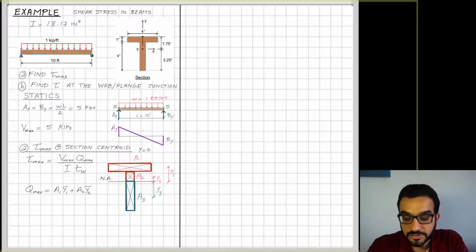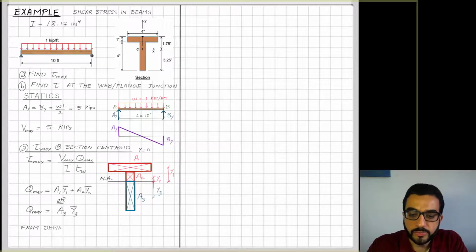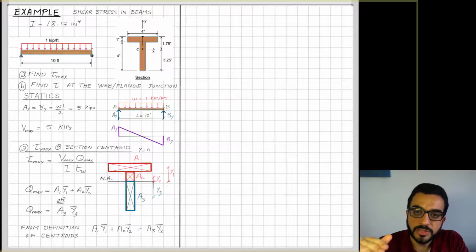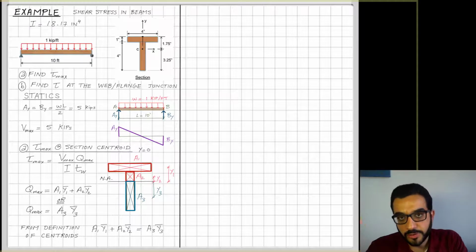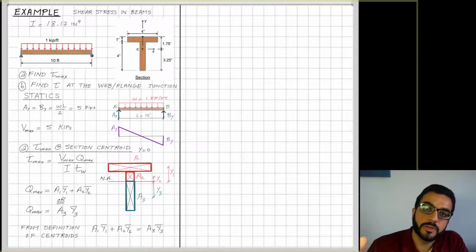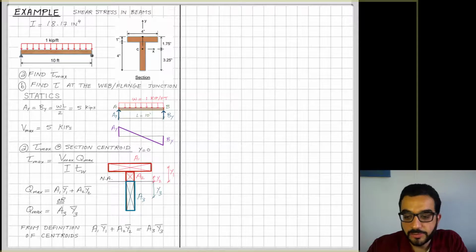But interestingly here, we will know from now on that also Q max, or Q at any point where you slice, you will be able to calculate this Q either by analyzing the top part that you slice or the bottom part that you slice. So in our case here, I can calculate Q max as A1 y bar 1 plus A2 y bar 2, or it's actually the first moment of area of the lower part, which is A3 times y bar 3.